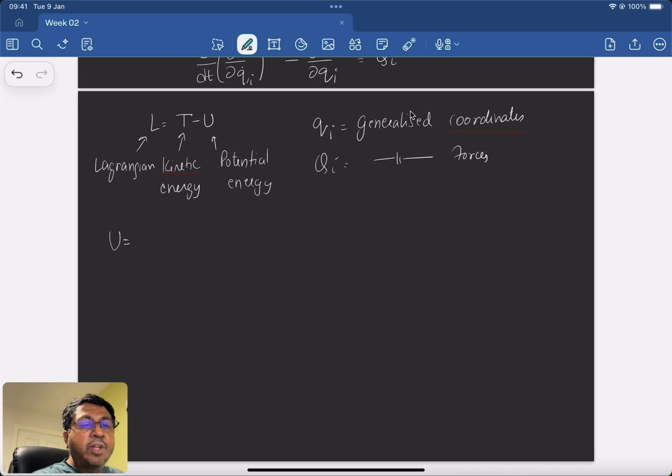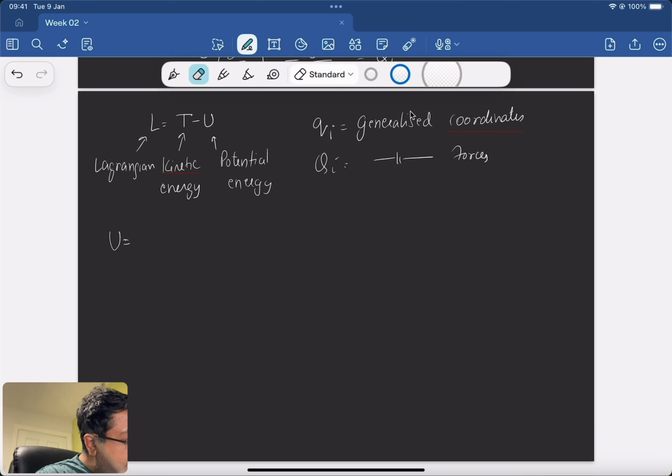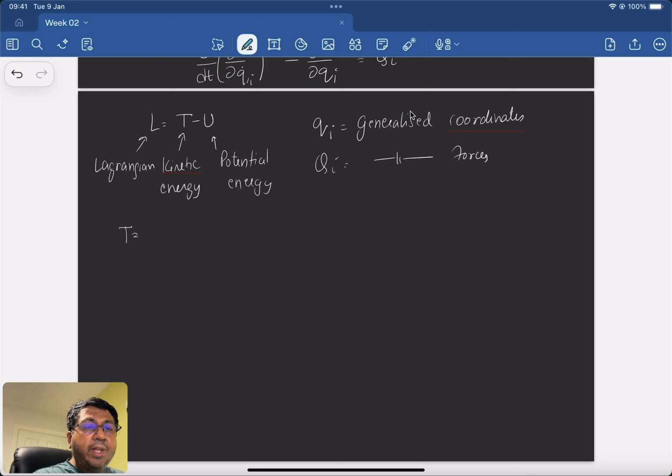Before we go into writing our potential energy, let's think of our kinetic energy. We have one term coming because the lower mass is moving, which is pretty straightforward: half M x dot square.